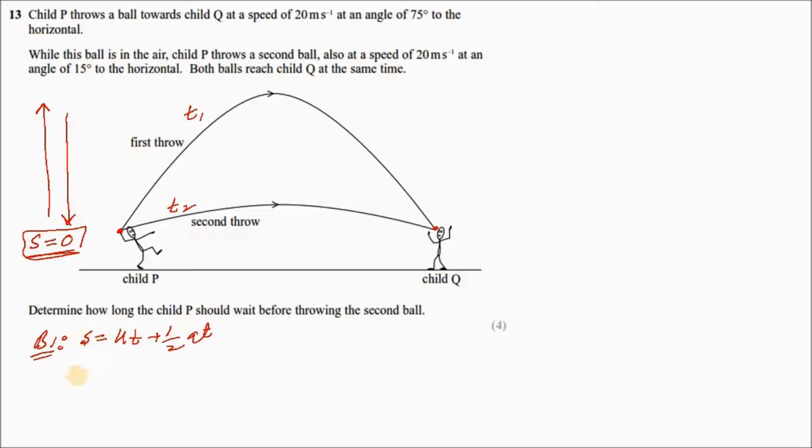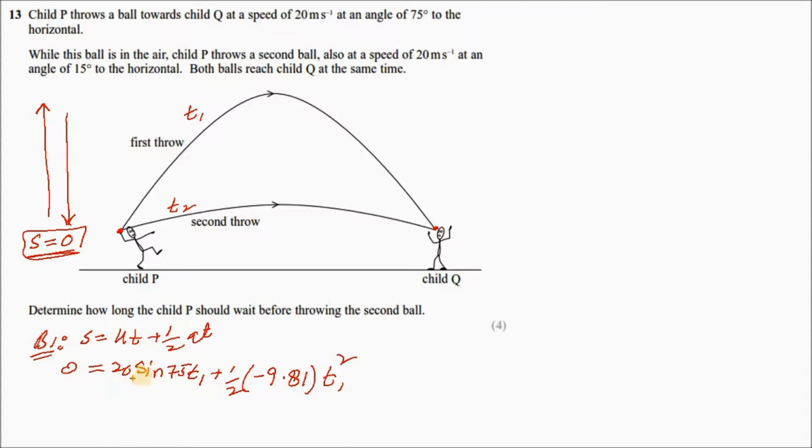S is the displacement, which is 0. U is 20 sine 75, and time T1, plus half A T squared, where A is minus 9.81. Remember, when we consider the whole motion of a projectile, g is always negative.